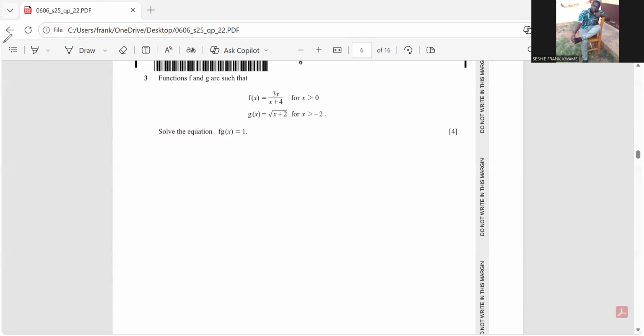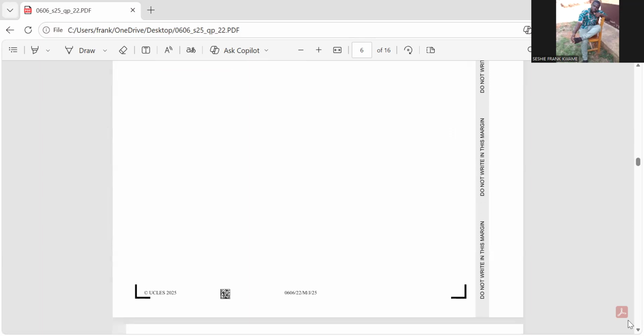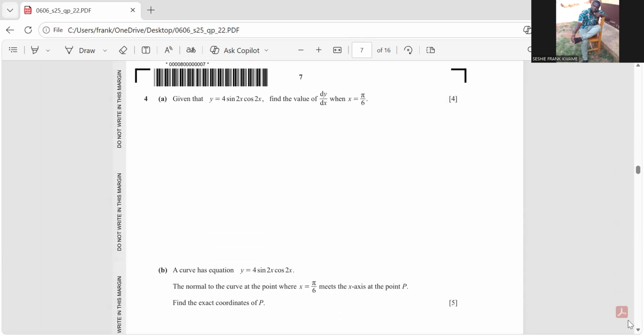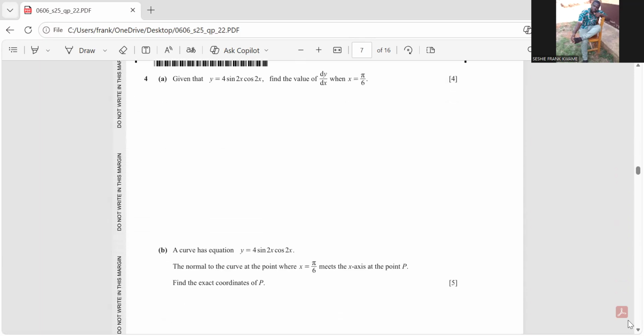Go to question number 4. Given that y is 4 sin 2x cos 2x, we find dy/dx when x is pi on 6.